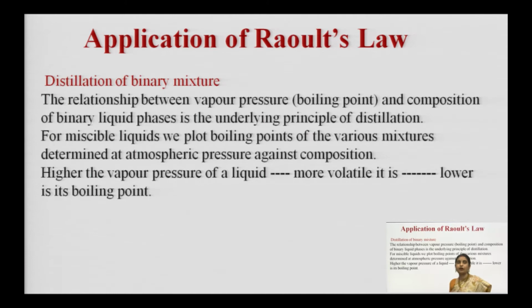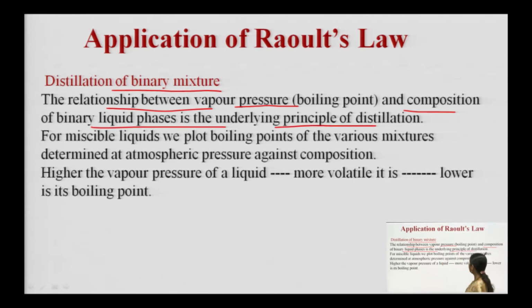Now, the application of Raoult's law. When we discuss the application of Raoult's law, what happens in the distillation of a binary mixture? The relationship between the vapor pressure and the composition of the binary liquid phase is the underlying principle of distillation. For miscible liquids, we plot the boiling point of the various mixtures.